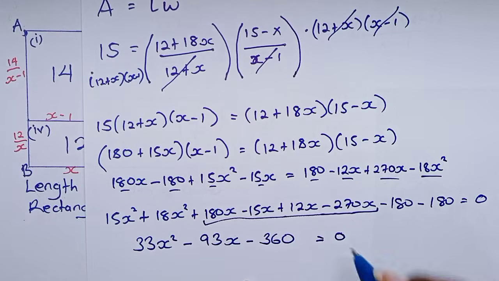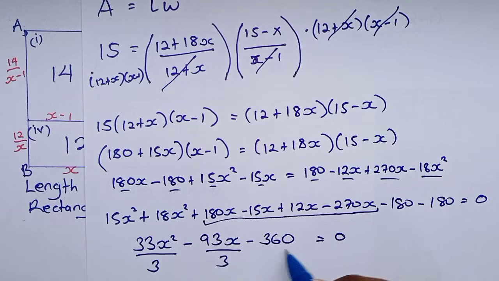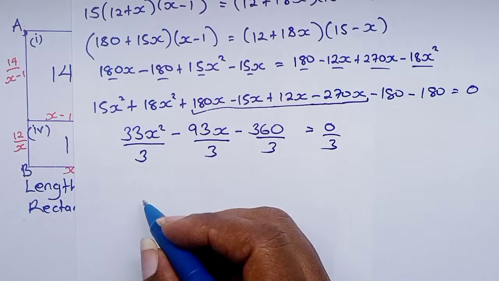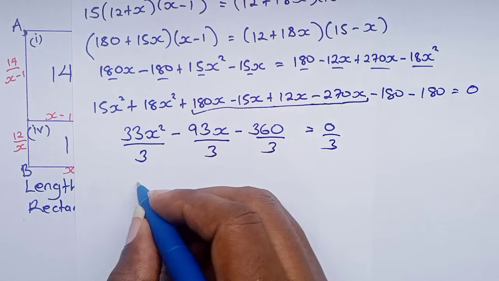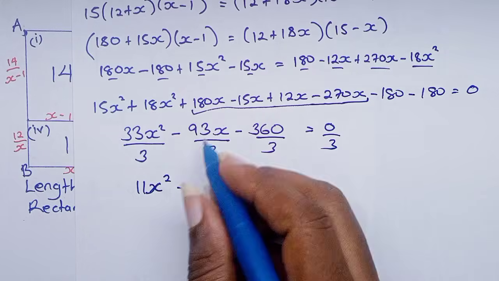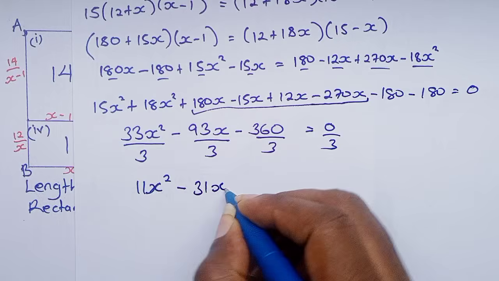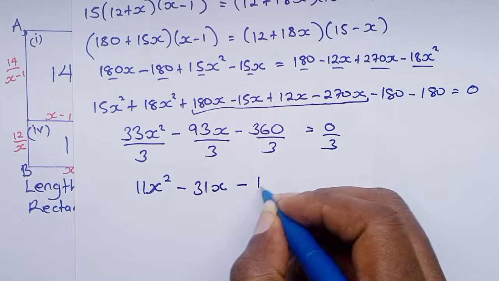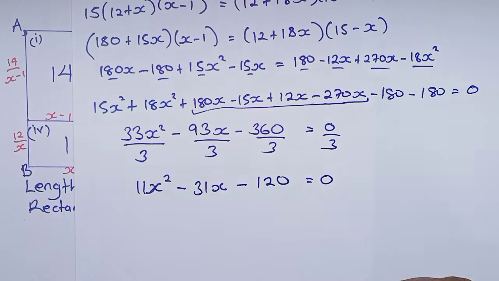This is equal to 0. So we divide everything by 3 since they're all divisible by 3. Here we get 11x squared minus 31x minus 120 equal to 0.